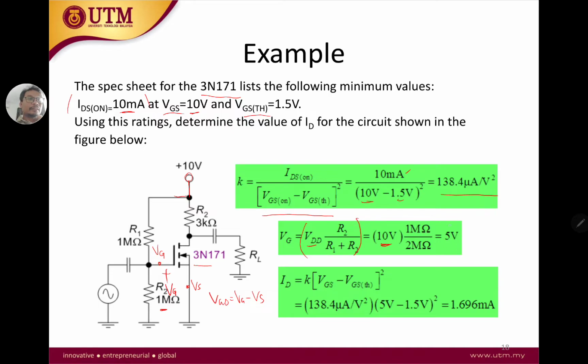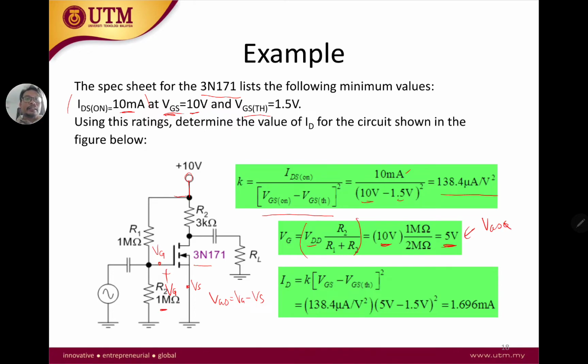Since both are 1 megaohm, we have simply half of VDD at VG. So your VGS is in fact your VGSQ, your operating point, which is different from this VGS. VGSQ is 5 volts. So here is your VGSQ.